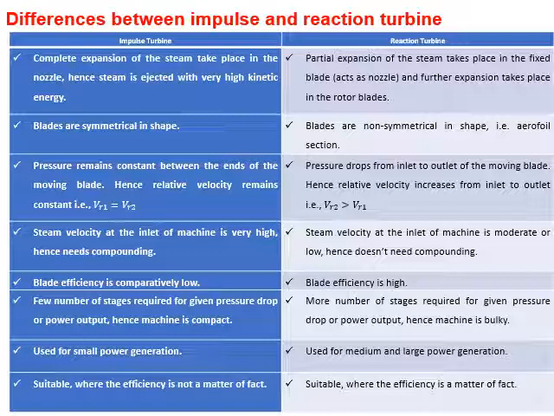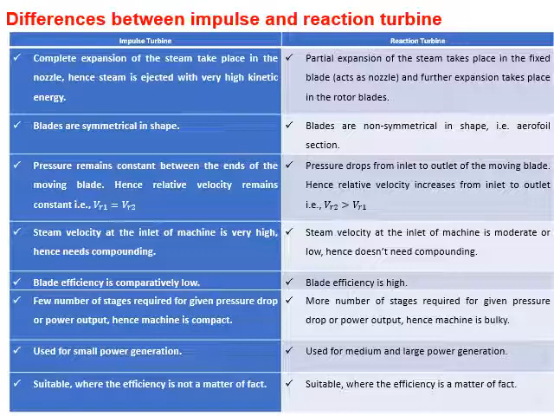In an impulse turbine, the blades are symmetrical in shape, but in a reaction turbine, the blades are non-symmetrical, made in the shape of an aerofoil section. In an impulse turbine, pressure remains constant between the ends of the moving blades and the relative velocity remains constant, that is VR1 equals VR2.